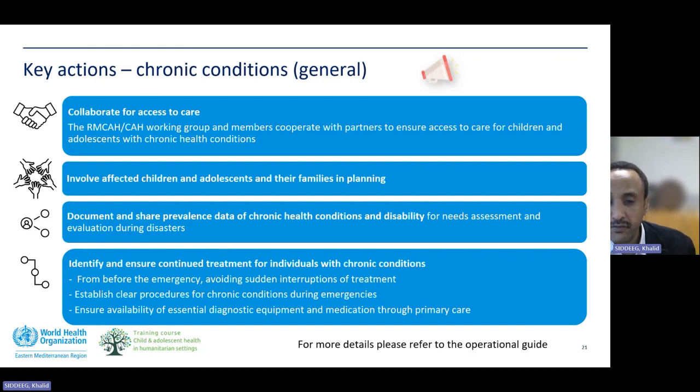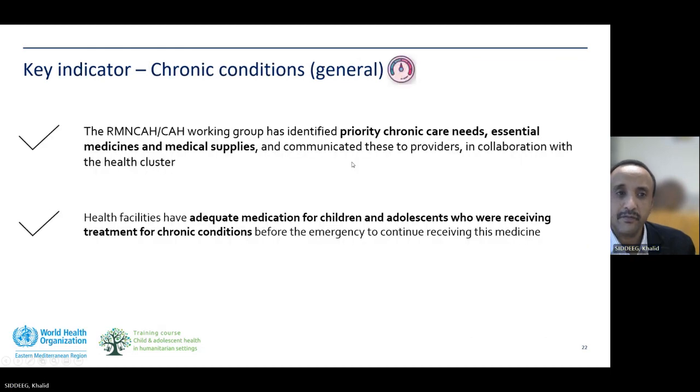And continuity of treatment is key for this group of patients, because we know the disastrous impact of interrupting treatment, for example, for diabetes or for renal dialysis or for cancer treatment. So we need to make sure that, in the preparedness part, we have already put continuity of treatment in place as a priority.